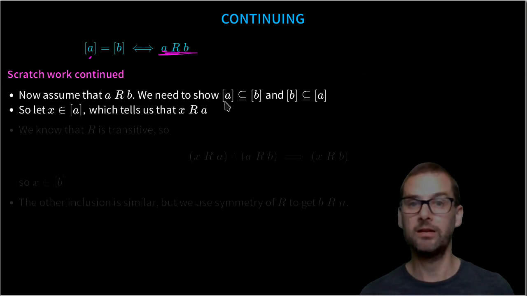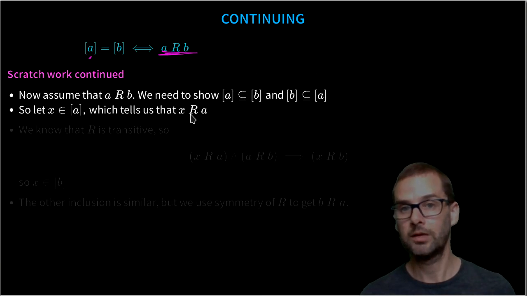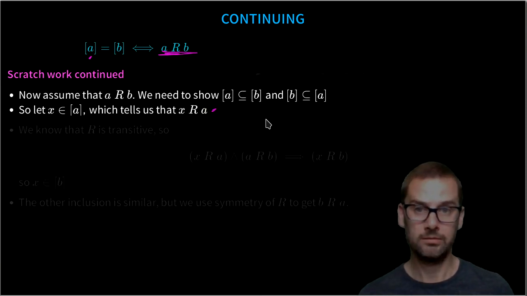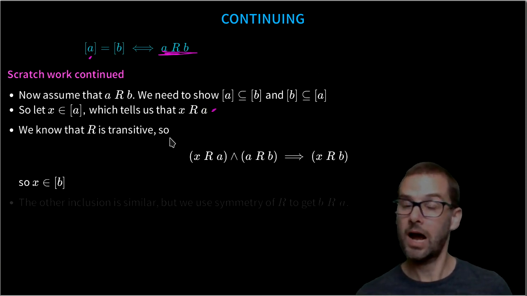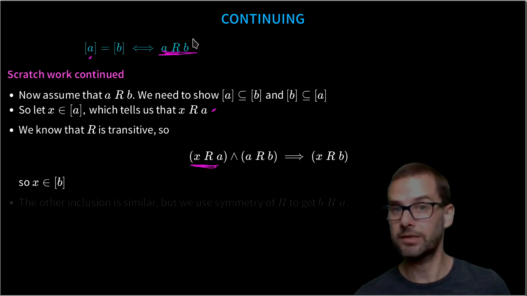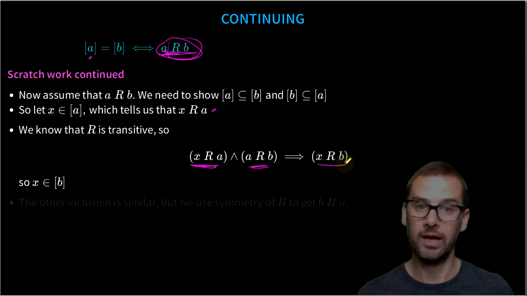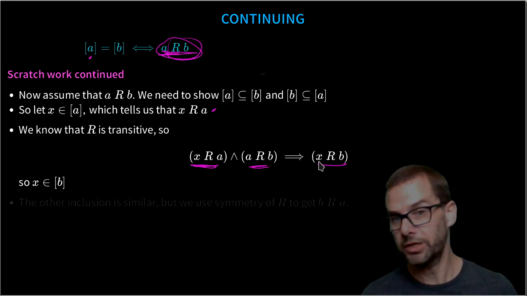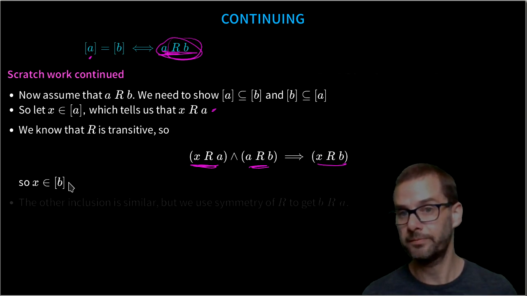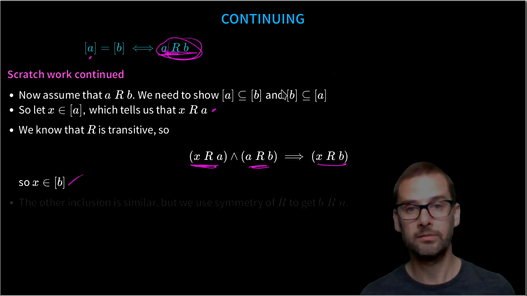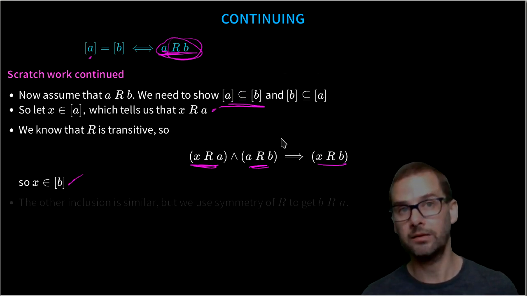Let x be in the equivalence class of a, which tells us that x R a. We know that R is transitive, so from x R a and our assumption of a R b, transitivity tells us x R b. And by the definition of the equivalence class of b, we get x is in the equivalence class of b. And so that proves that inclusion.